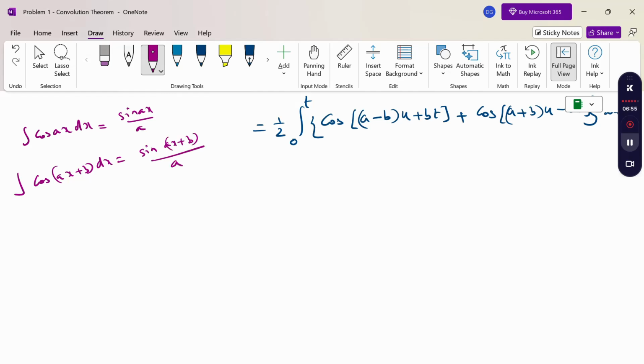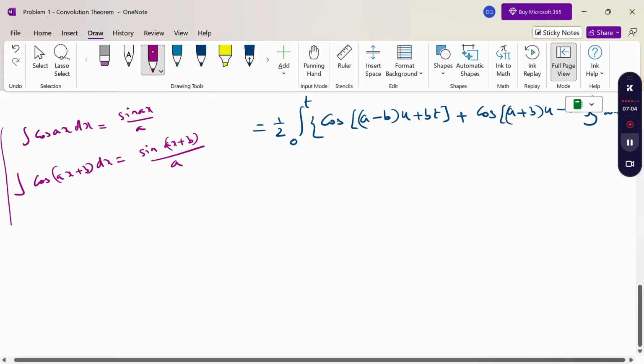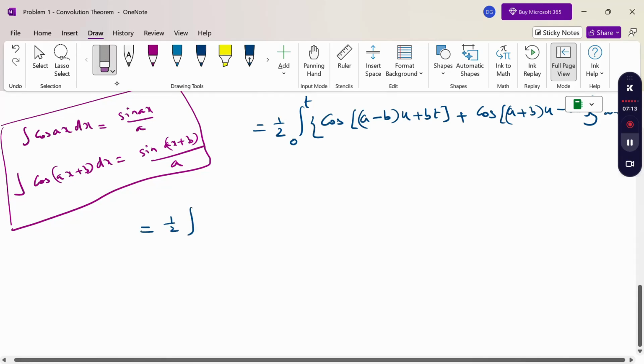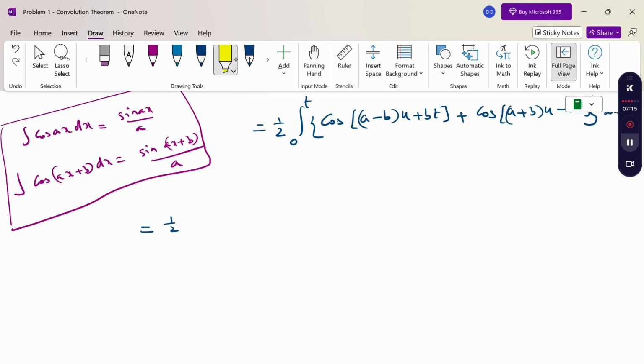Because the variable's front coefficient only should be written in the denominator. Therefore, see here, this is a form, which form? 1 by 2. When I am integrating, here u is a variable and these whole terms are constant.